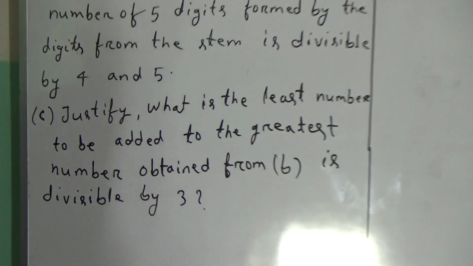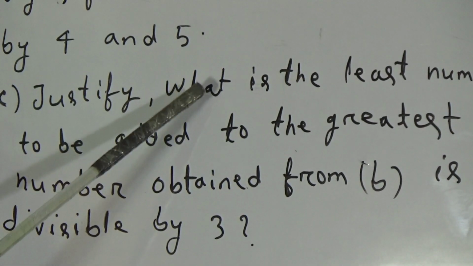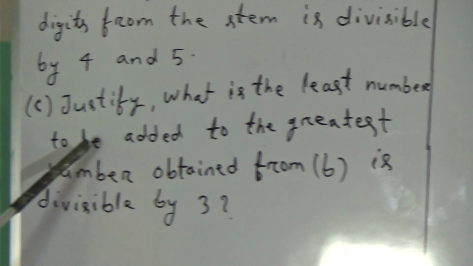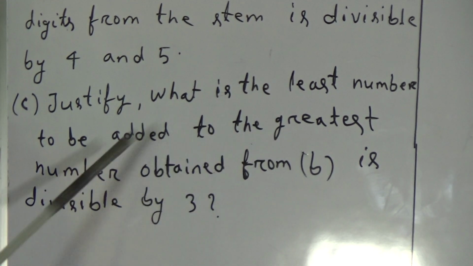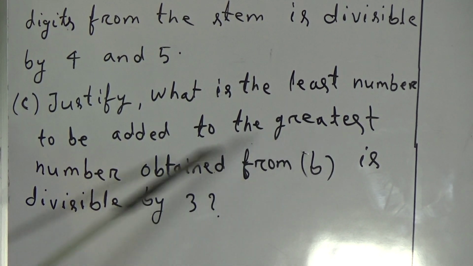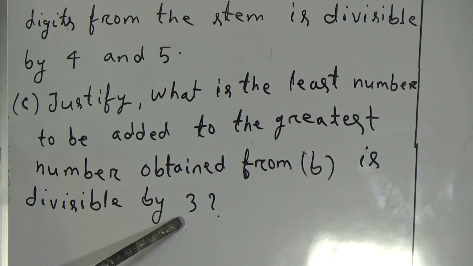Here the question of C number is: justify what the least number is to be added to the greatest number obtained from B so that it is divisible by 3. At first we will write the greatest number. In B we have found it.